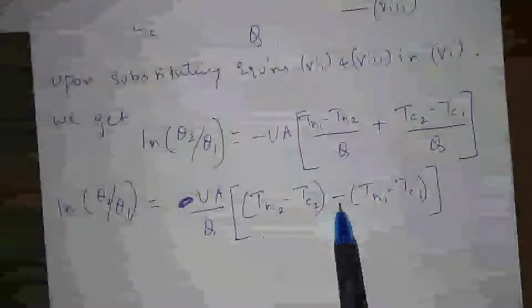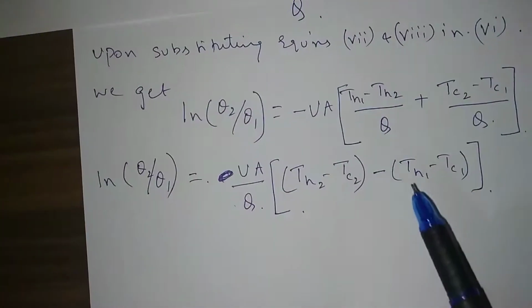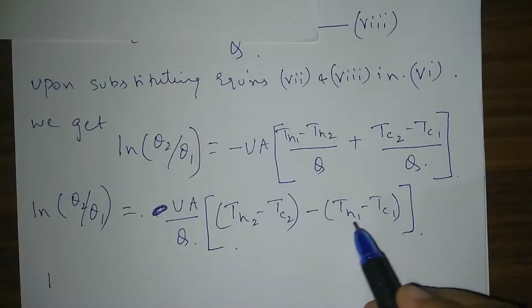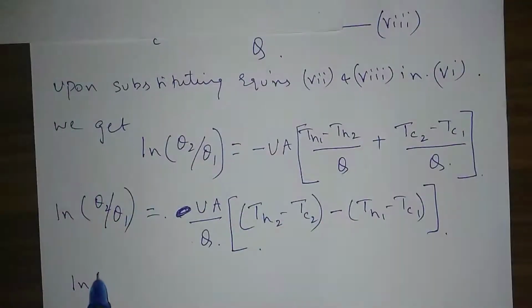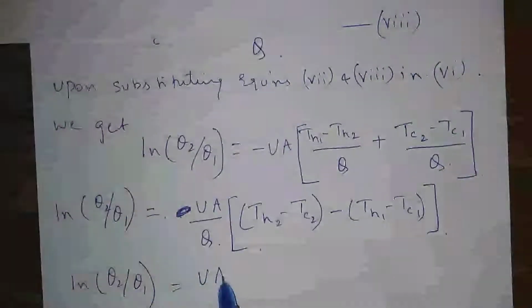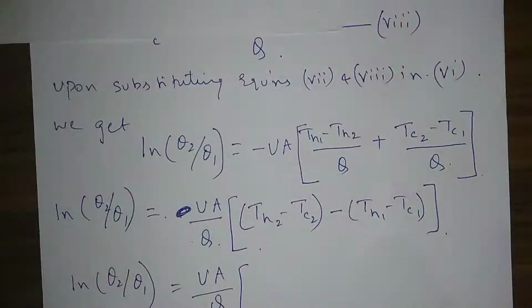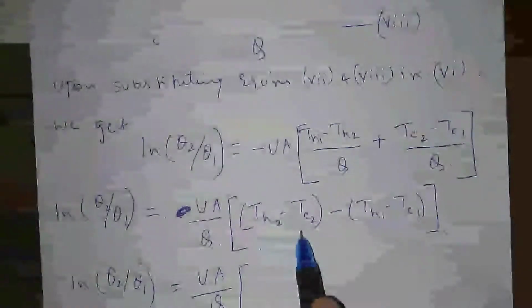So after simplification, ln of theta 2 divided by theta 1 is equal to UA by Q into TH2 minus TC2 minus TH1 minus TC1.